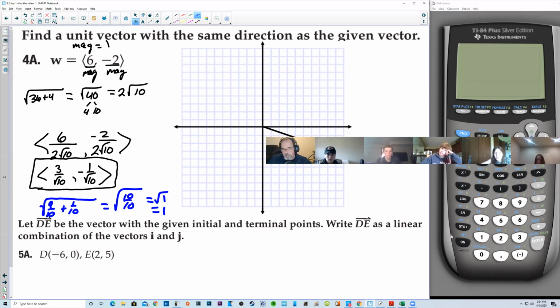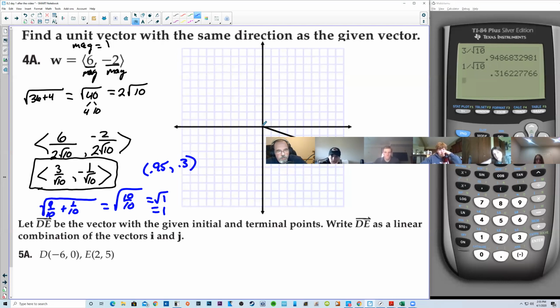But if we look at the decimal values, 3 divided by square root of 10, almost 1, about 0.95. So this is actually 0.95. Now, everything in blue you don't have to do. And then 1 divided by square root of 10 is about 0.3.